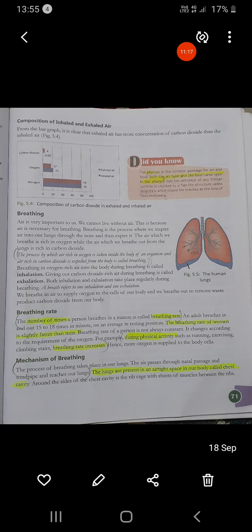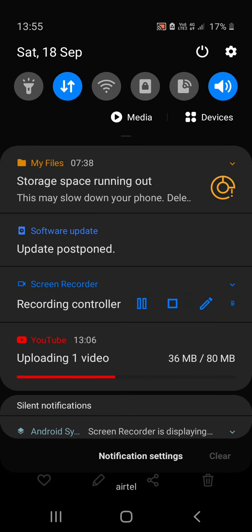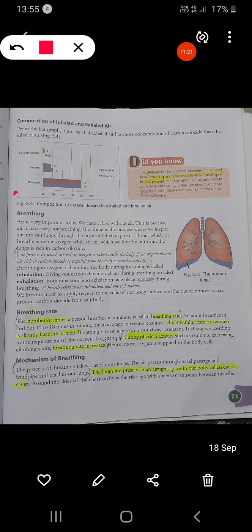Now see here. Children, we already know what is breathing. The entry of oxygen into our body and the exit of carbon dioxide is known as breathing. The main organ responsible for breathing, which is the main organ?